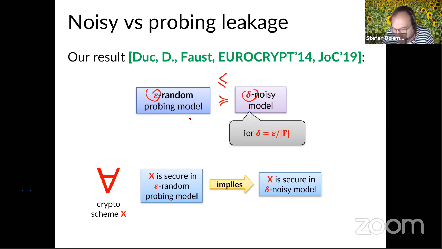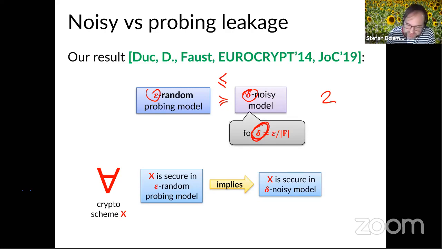And I think there is actually an example that shows that this reduction is tight up to a factor of 2 or something like this. So you go back and forth, you just lose a factor of 2. As far as I remember, it's like this. So it is tight, but the problem is that the delta noisy model is maybe simply still too strong to get better parameters, right?